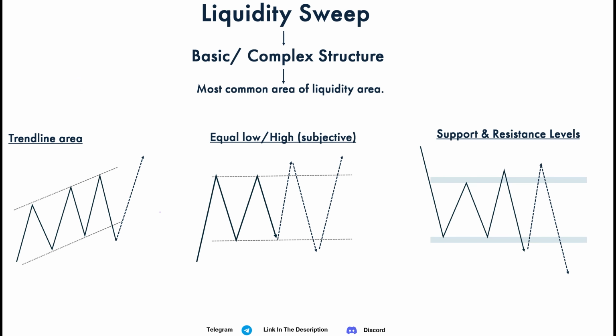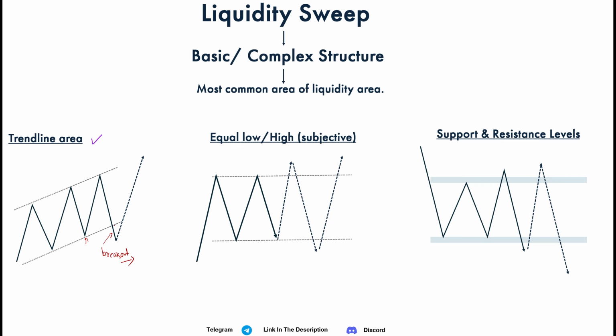Here we can see that we have a trend line. This is where price is likely to come and manipulate. Here you can see that price broke this low here, making this a breakout here.